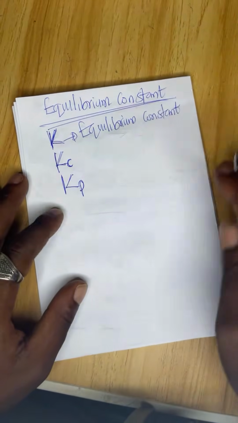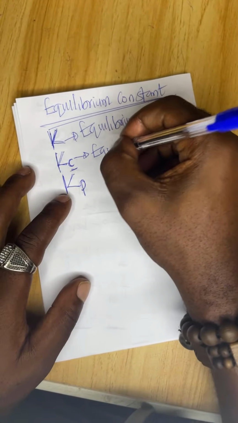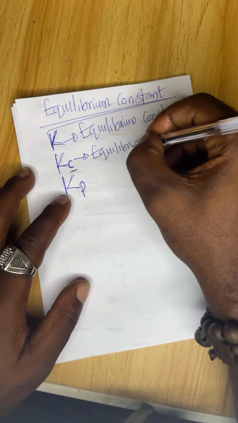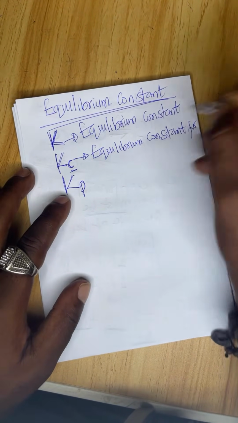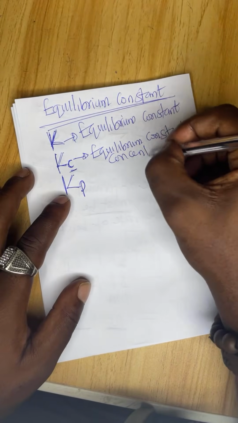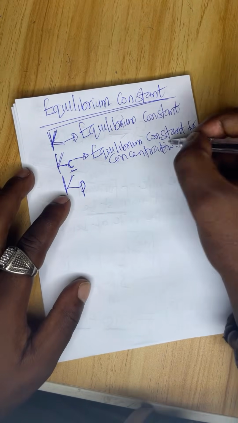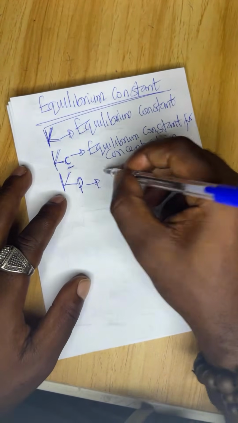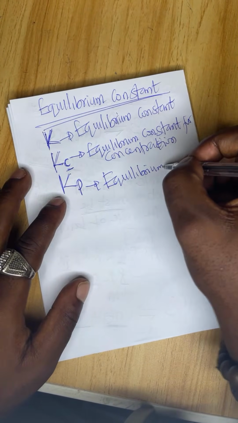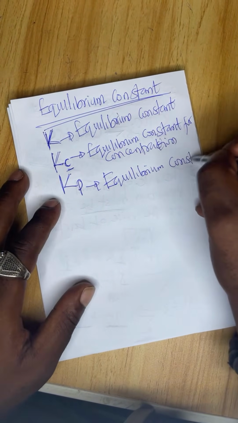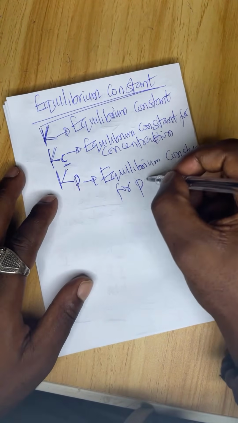KC, because of the C, means equilibrium constant for concentration. KP is the equilibrium constant for pressure. Some people say partial pressure.